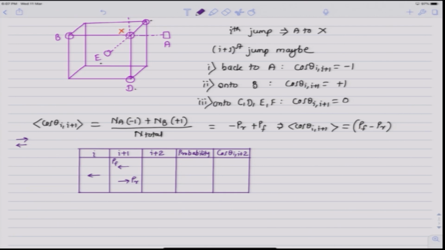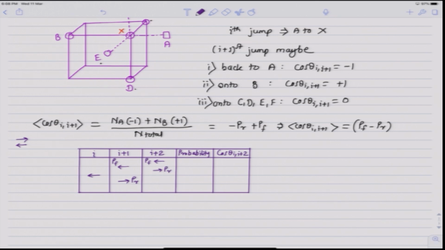Now, there will be 4 possibilities for the i plus second jump depending upon what the i plus first jump was. The i plus second jump might be again from right to left, the probability of which would be PF, because it is a forward jump with respect to the i plus first jump, or it can be from left to right, the probability of which would be PR.